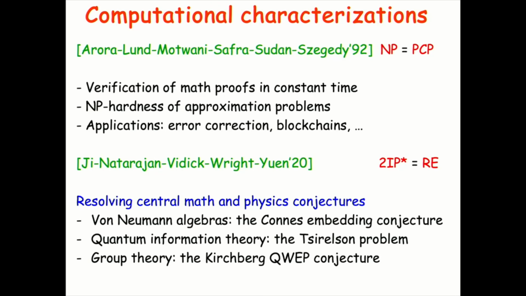In quantum information theory, there's the Tsirelson problem about comparing types of measurements. Let me not go into this. Anyway, there are mathematical conjectures being proved wrong by this, and moreover, once we know that, it turns out that the techniques embedded in these arguments, which is a 200-page paper with all the background, can be used to resolve conjectures in the negative.